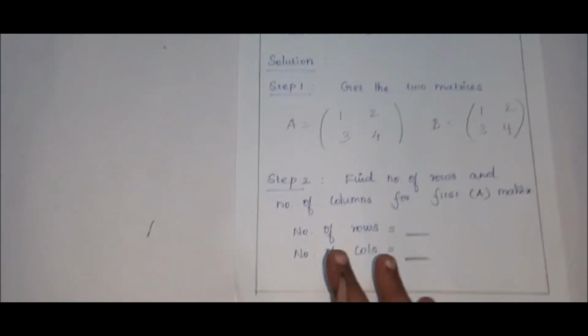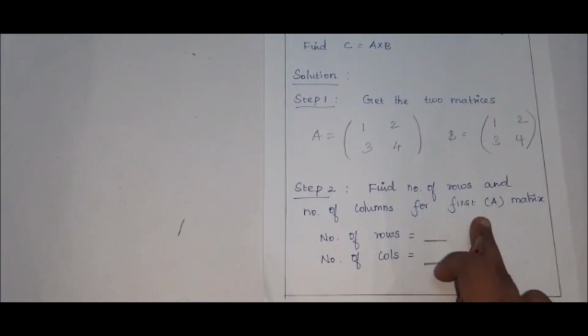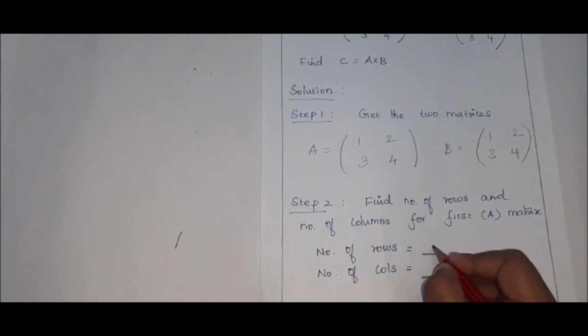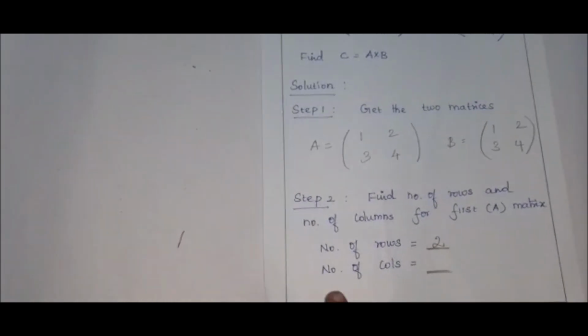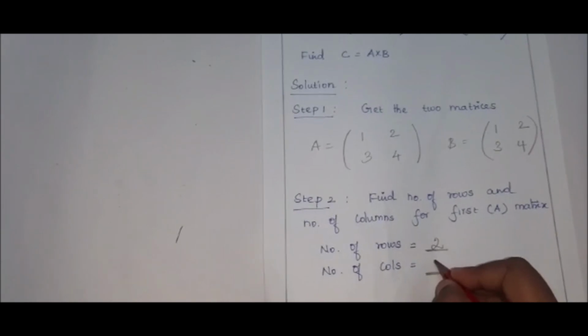In step 2, we need to find the number of rows and number of columns for the first matrix. The number of rows for the first matrix is 2 and the number of columns for the first matrix is also 2.